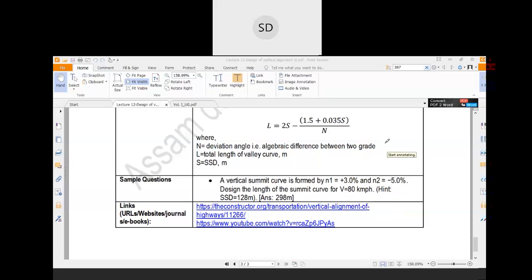So first you find out the value of capital N. Your capital N would be 3 minus of minus 5, that is 8%.